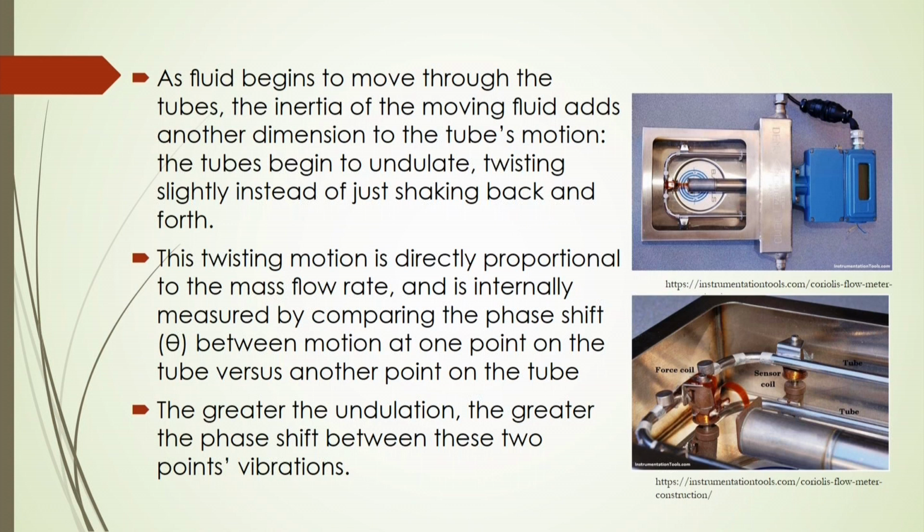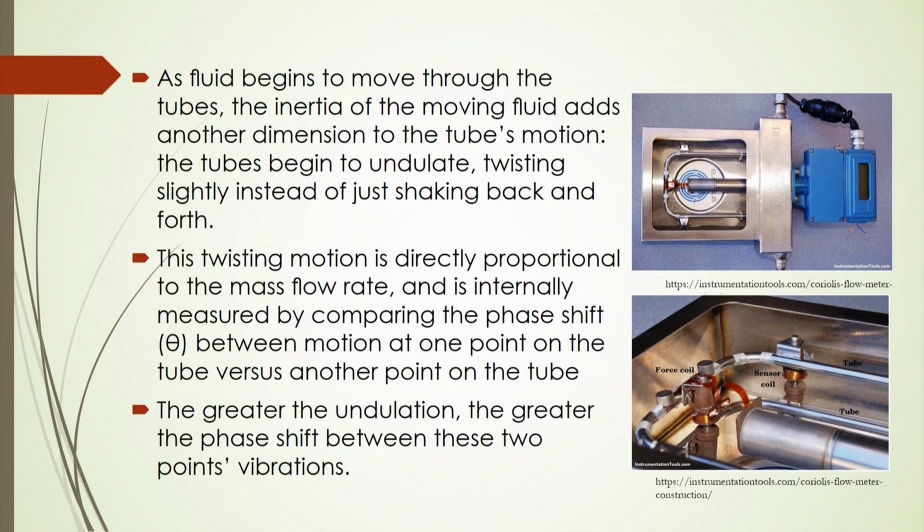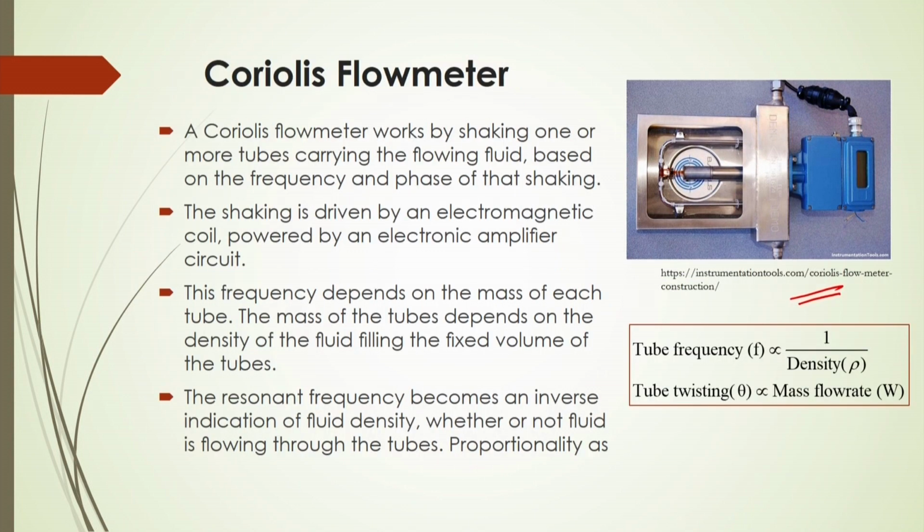The greater the undulation, the greater the phase shift between the vibrations at these two points, and based on these vibrations and twisting motions, you will be able to calculate the mass flow rate as given by this equation here.